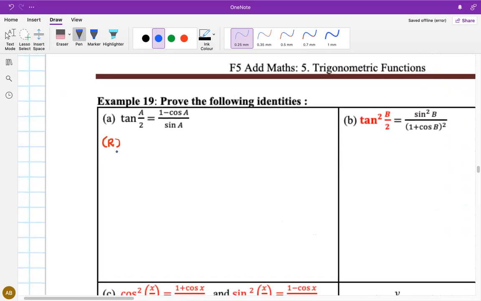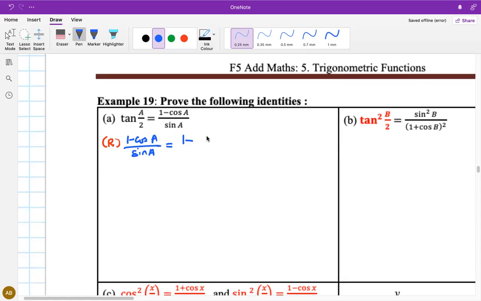Okay, so (1 minus cos A) over sine A. What is 1 over cos A? So we want to change this to tangent A over 2, which is sine A over 2 over cos A over 2.